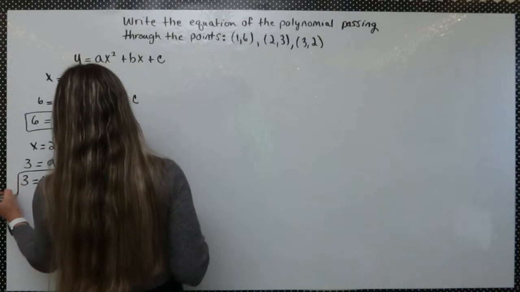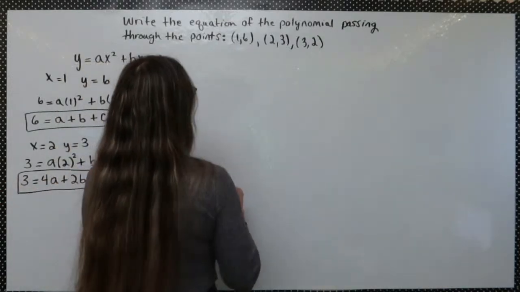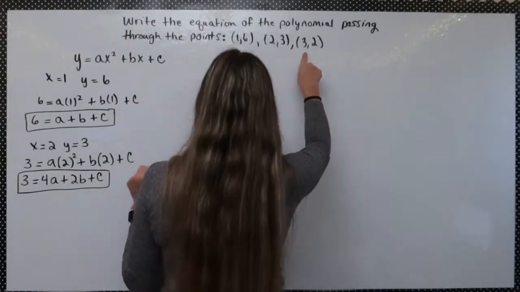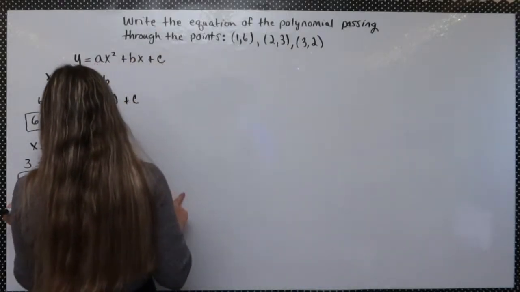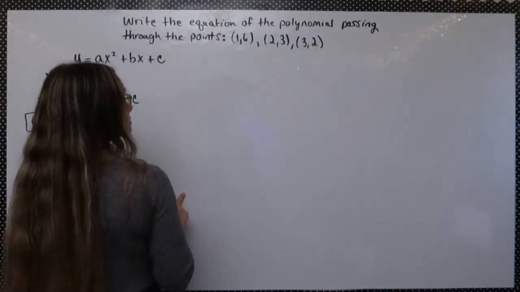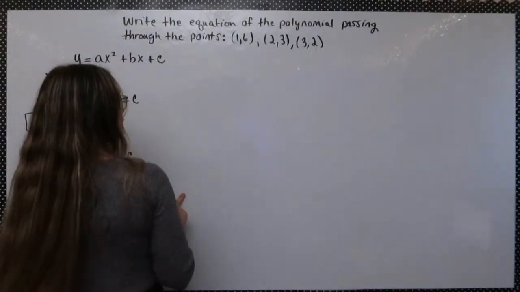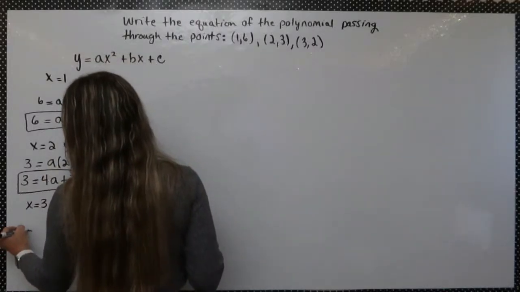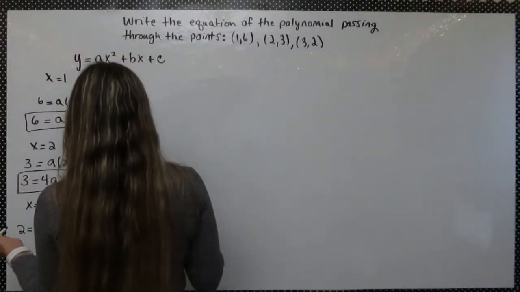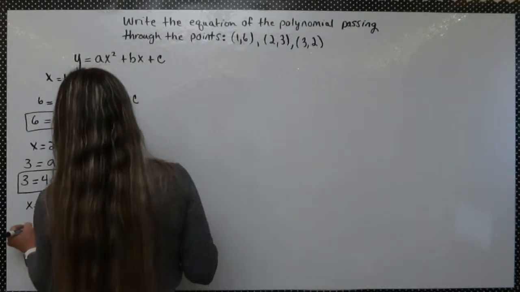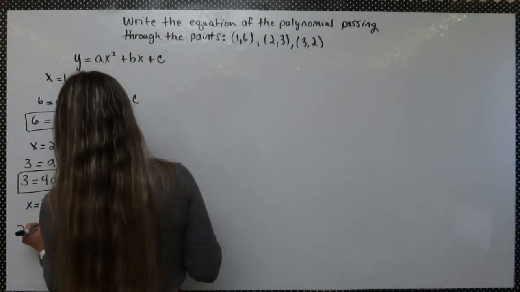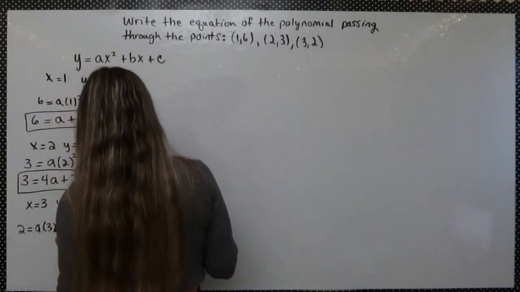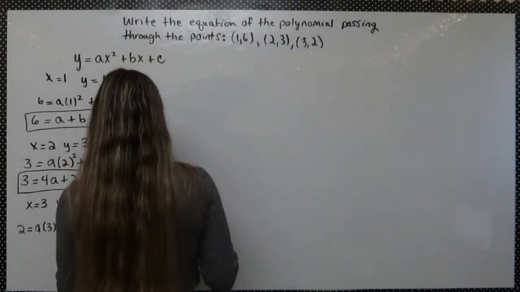That's our second equation. And then we've got one more. When x is 3 and y is 2, we've got 2 equals a times 3 squared plus b times 3 plus c.